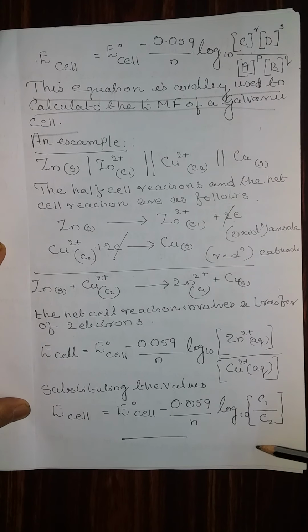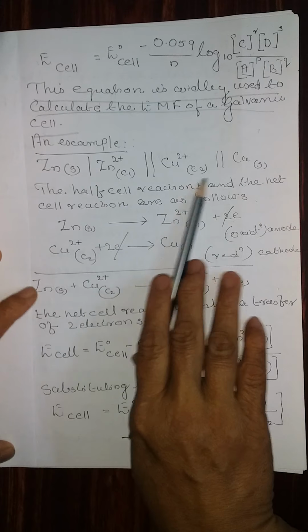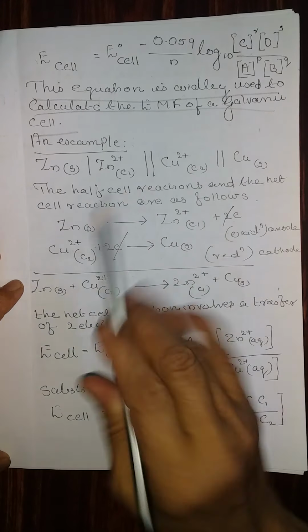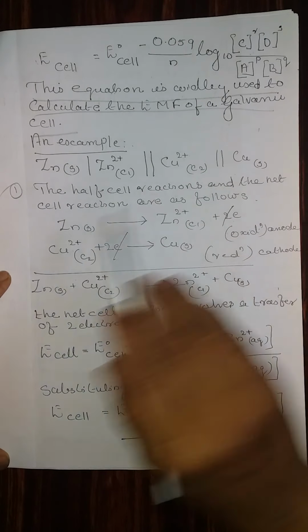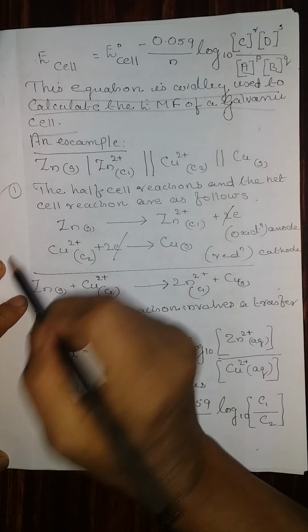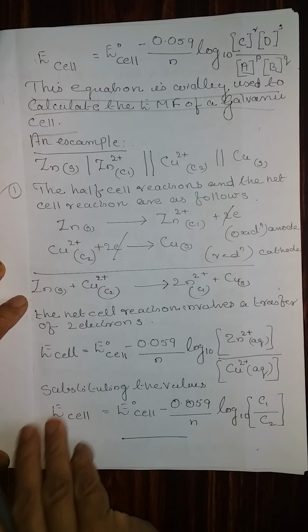One example is given, for the cell with zinc electrode and copper electrode. First, you should write the half cell reactions. These are the steps. When a cell is given to you, you write the half cell reactions, add them, and find out which one is the oxidation electrode and which one is the reduction electrode.